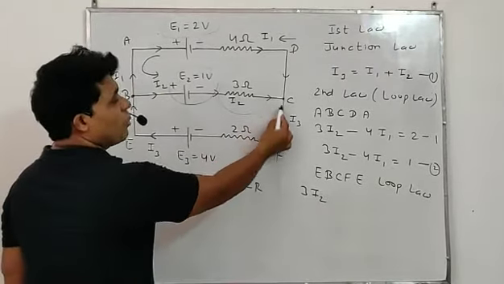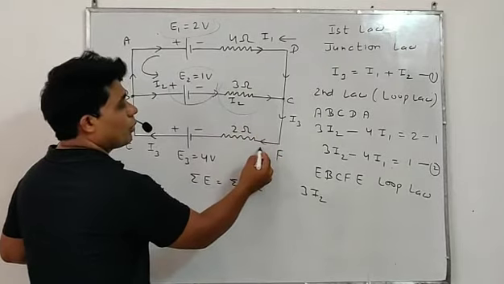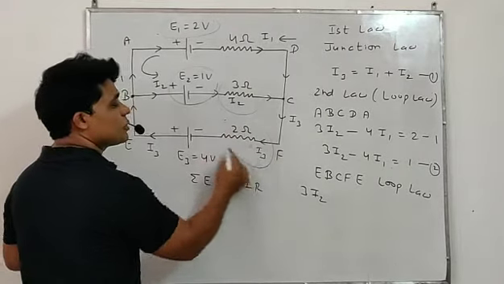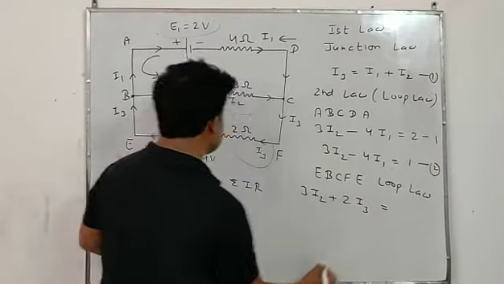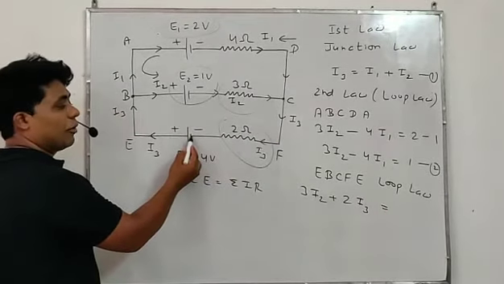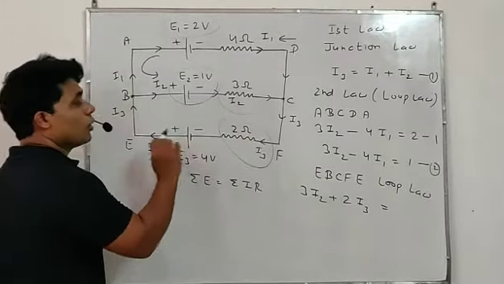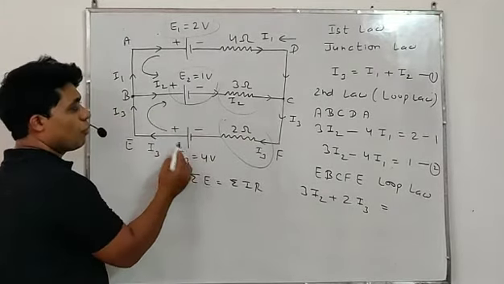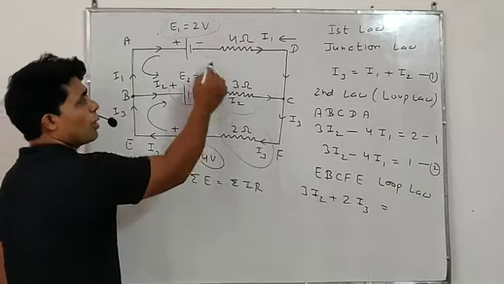Now come to that side. Current is I3, resistance 2. 2 into I3 and equals. Again we'll come to the negative terminals. There is no resistance. We have written these two resistances. Now students, we started like this from E3 to E2, so we'll write 4 minus 1.